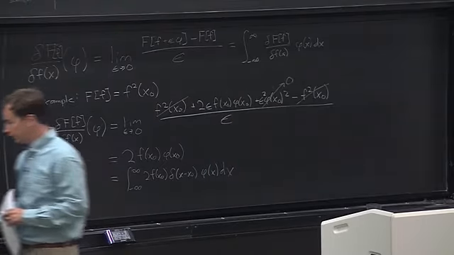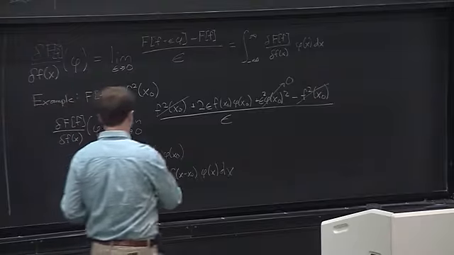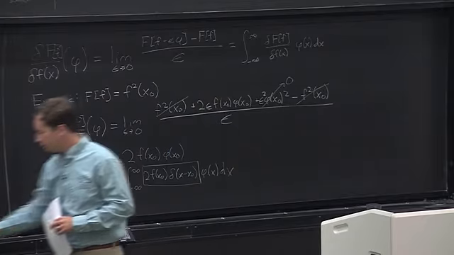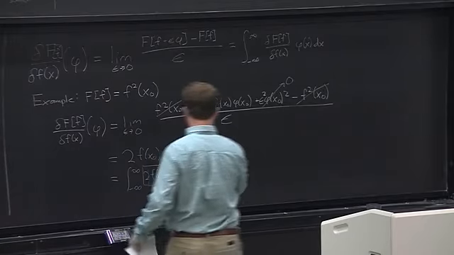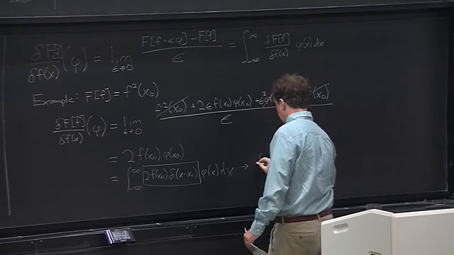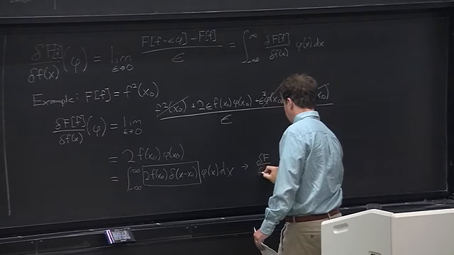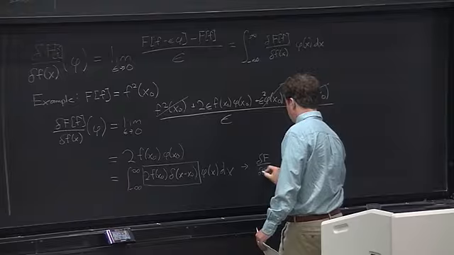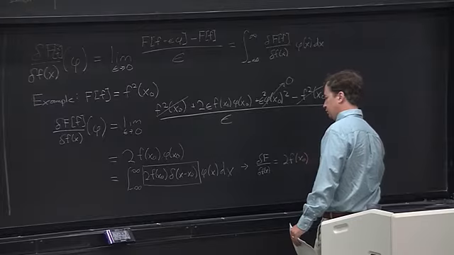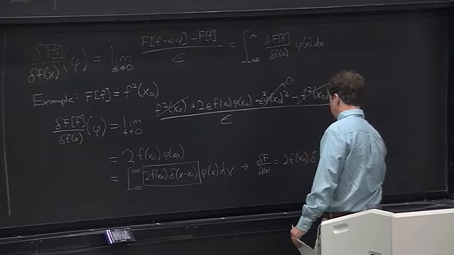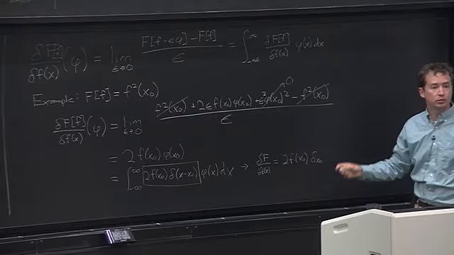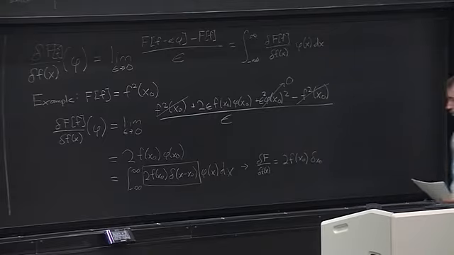And so this part is the functional derivative. We just compare this expression, so we get delta F over delta f of x is 2 f of x naught times delta of x minus x naught, depending on which notation you prefer.